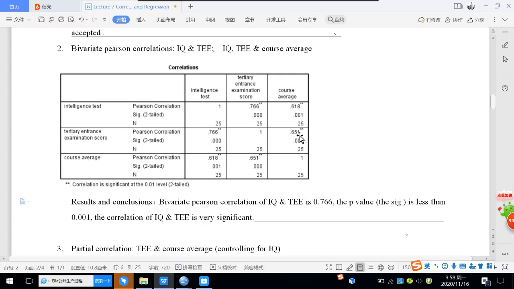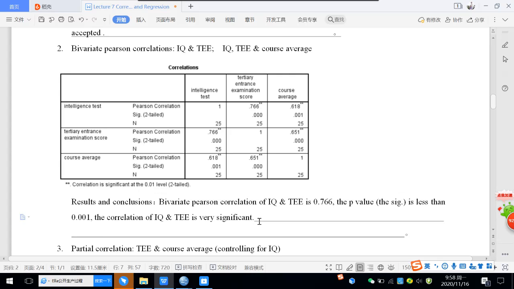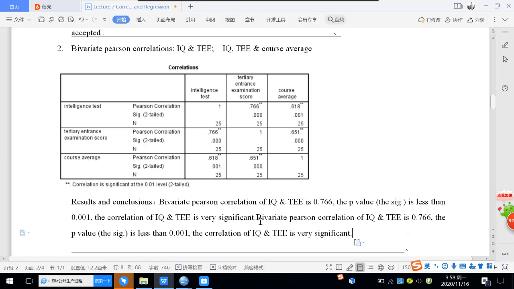So here shows that all of the correlations are very significant. Here is the number 2, the answers for number 2. Okay, so you can copy it and then you can write.